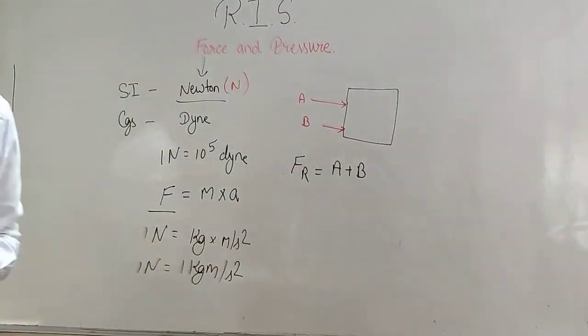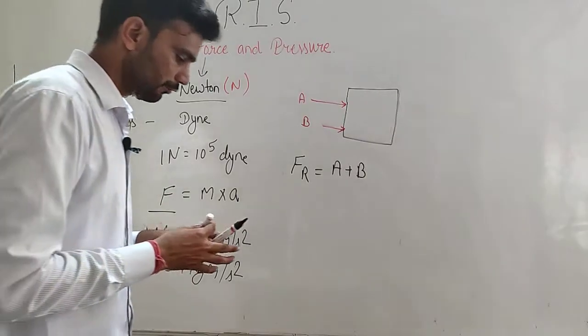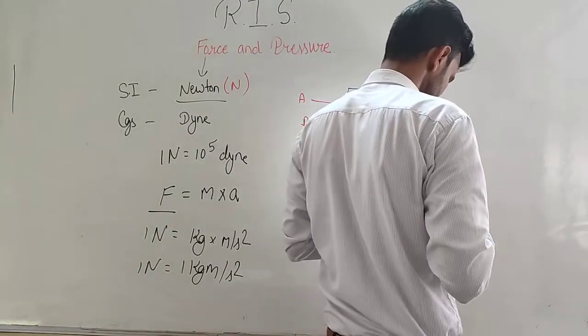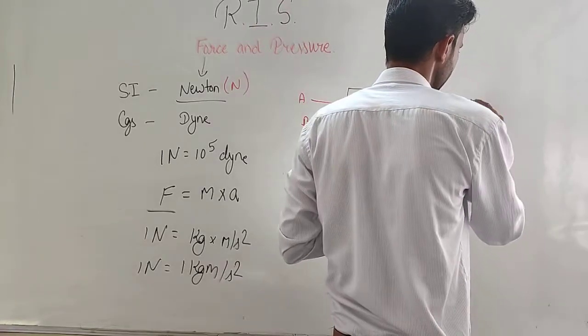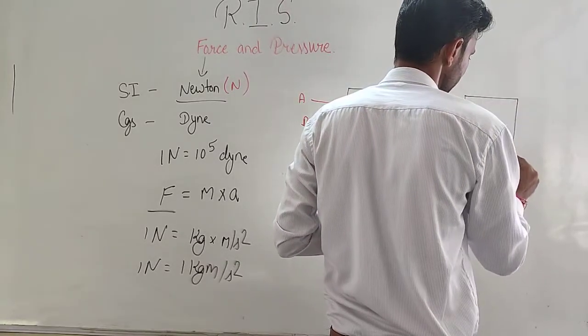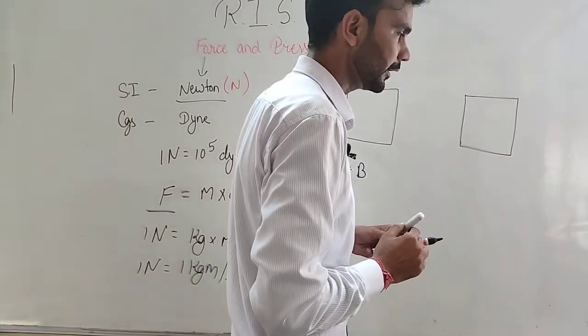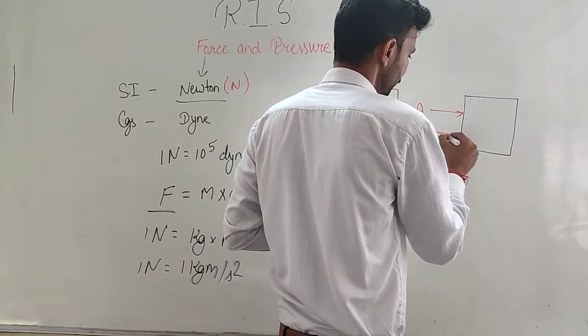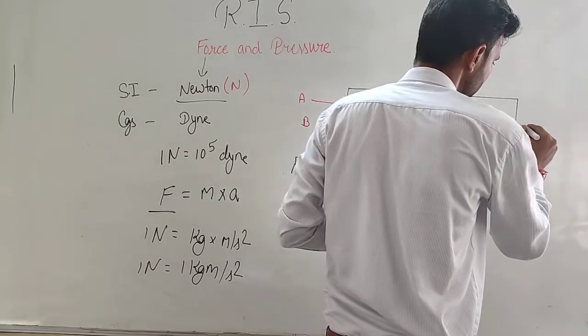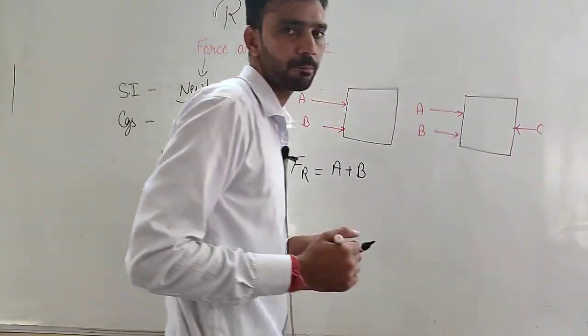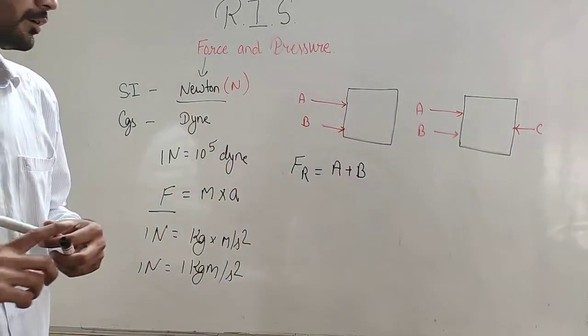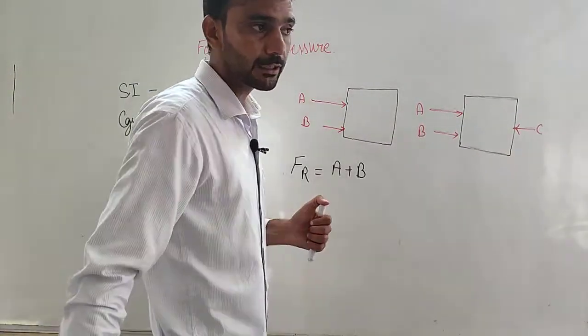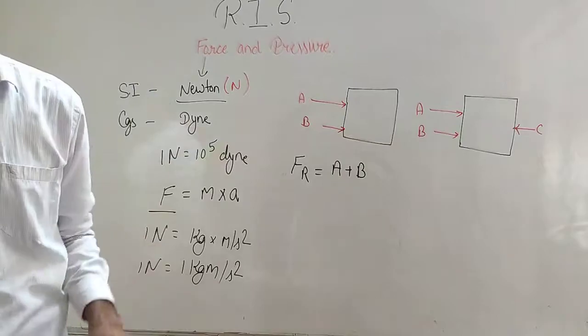Now how can you subtract or how can you cancel the force? Suppose this is a box. Three forces are applied on it: force A, force B and force C in this direction. So what will be the resultant force or total force that will be exerted on that box?